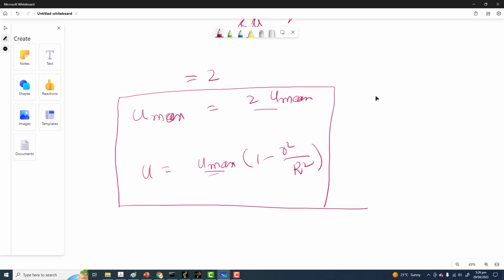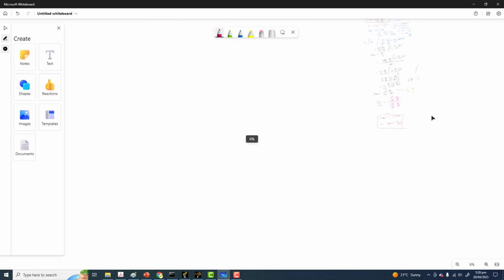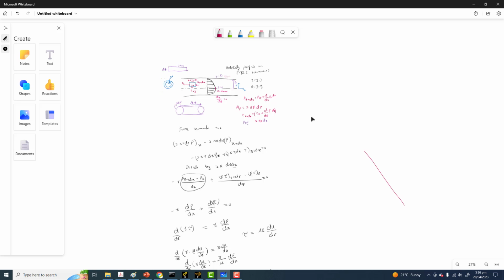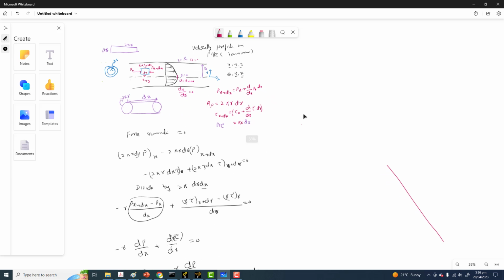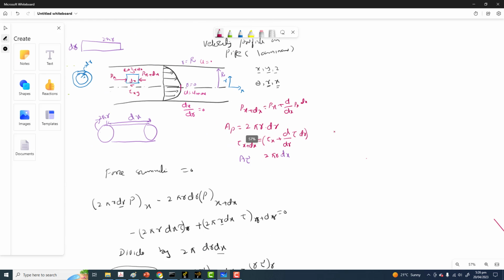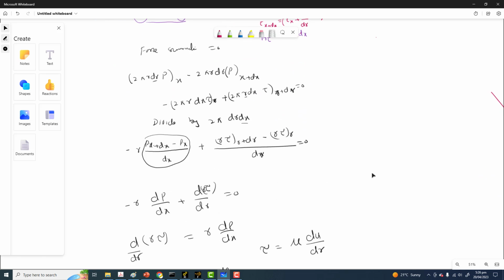Now let me show you this complete derivation. We started from the very beginning, over here. We took the pipe, derived the equations, found the areas, and then made the summation of forces.